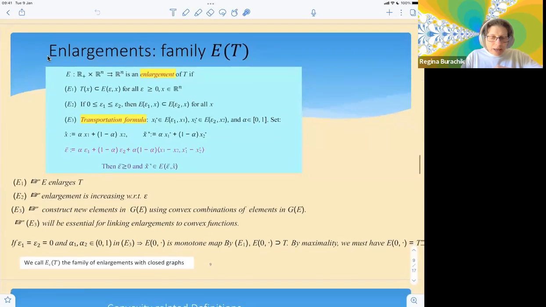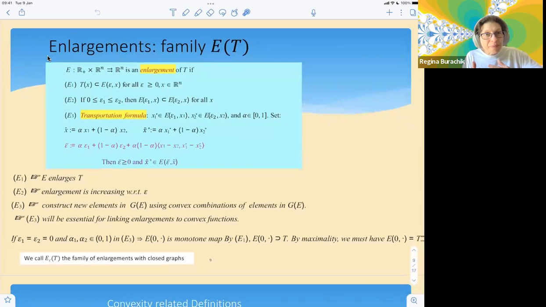And this is where enlargements come to be. So what is an enlargement of a given maximally monotone operator T? From now on, T is a fixed maximally monotone operator. And of course, you need to have some measure of accuracy for your enlargement, how accurate your approximation is.